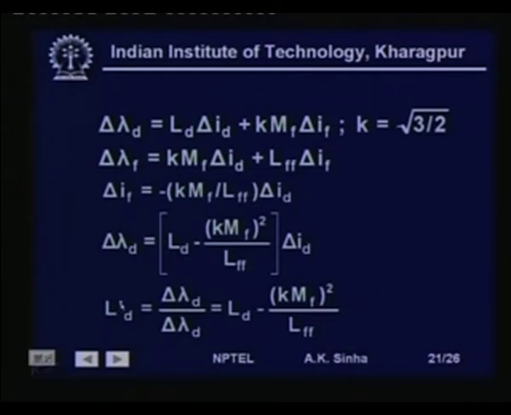So, this is L dash d, which is delta lambda d by delta I d. Since this term is subtracted from L d, we find that the transient inductance is smaller than the steady state inductance or direct axis inductance of the winding.